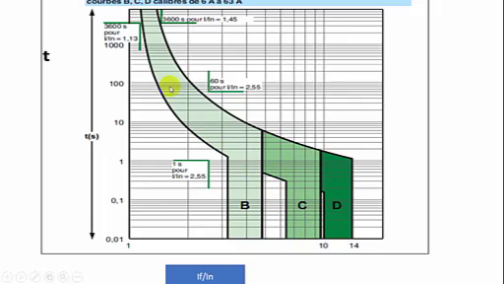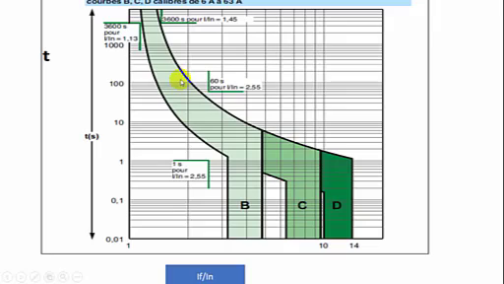Okay, we go calculate the maximum length authorized of the PE cable.